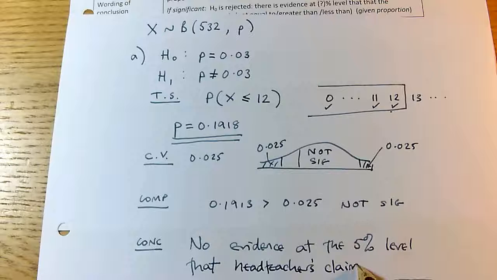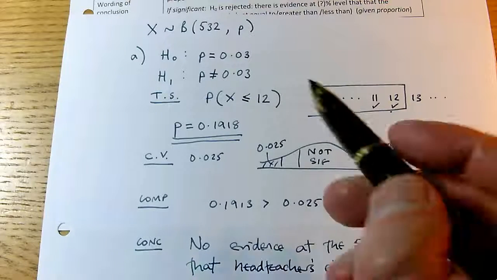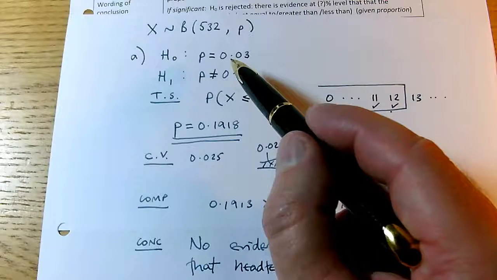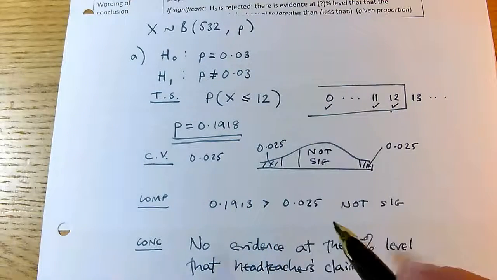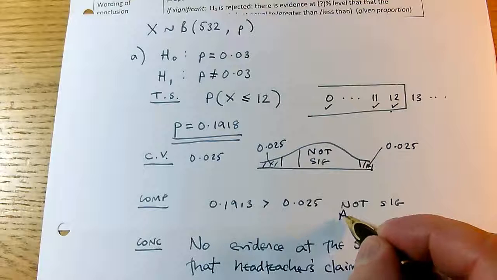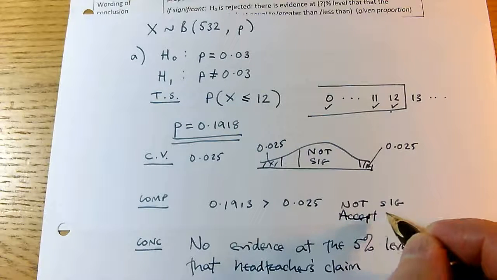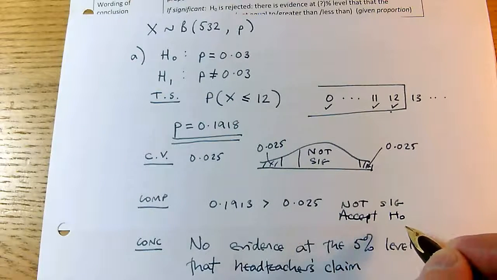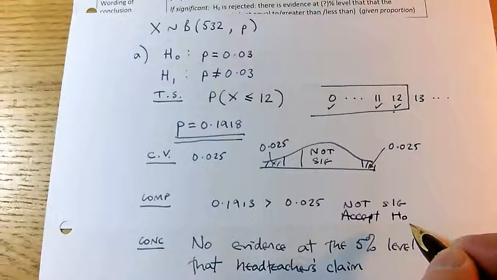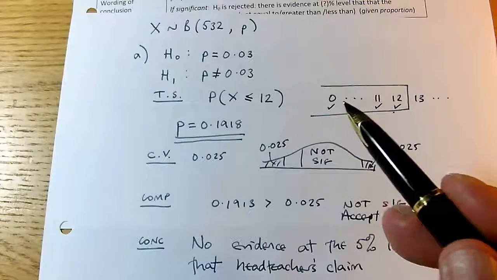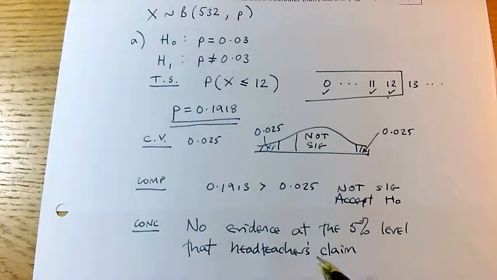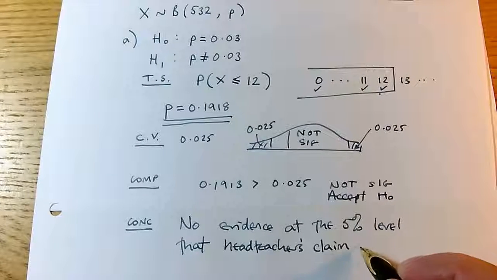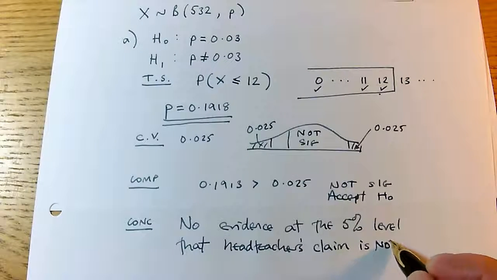So am I going with the head teacher or against the head teacher? Well, the null hypothesis is that P is 0.03. If it's not significant, that means we always accept H0. So if I'm accepting H0, then I'm accepting the head teacher's claim. So I must be saying that there's no evidence that the head teacher's claim is not true.